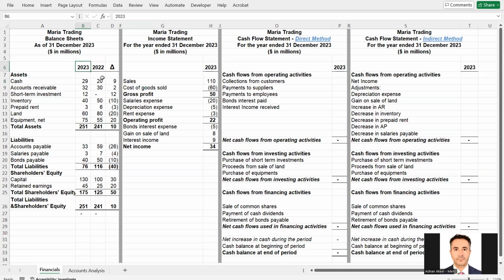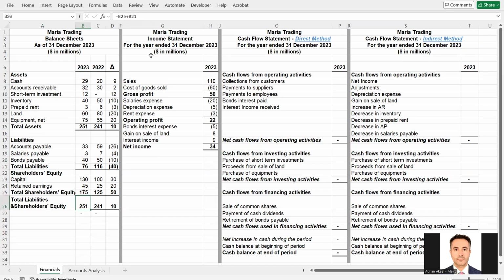Yes, thank you. So this is the latest for 2023 and comparative figures for the previous year, 22. On the balance sheet side, that includes all my assets, liabilities, and the equity. And of course, it needs to be balanced. So total assets must equal total liabilities and equity for each of these years.